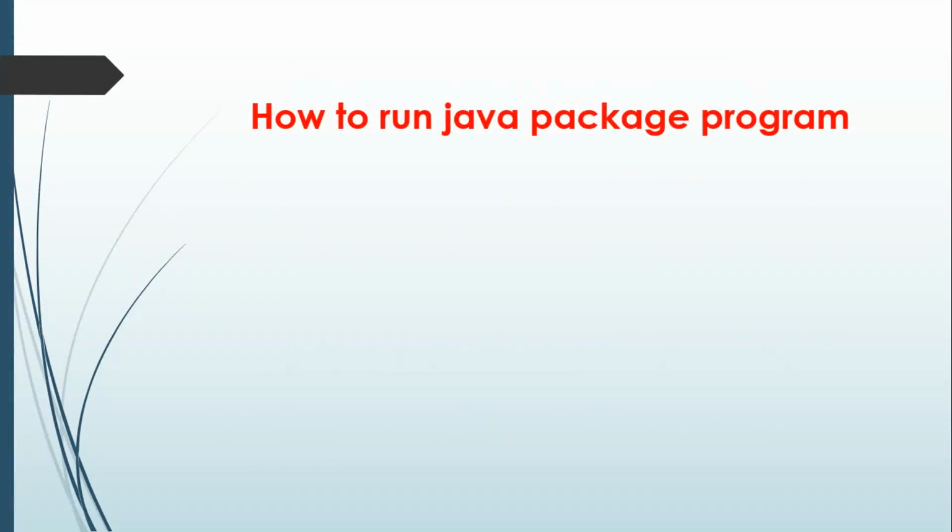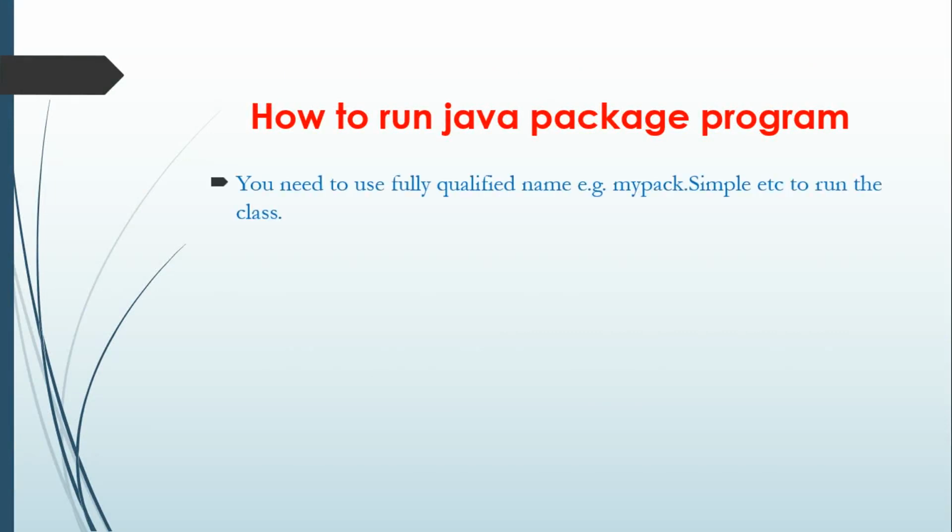Let's discuss how to run a Java package program. You need to use the fully qualified name, that is the package name and then the class name. So that is mypack.Simple. If we want to run the class file named Simple which is in the package mypack, we write java mypack.Simple.